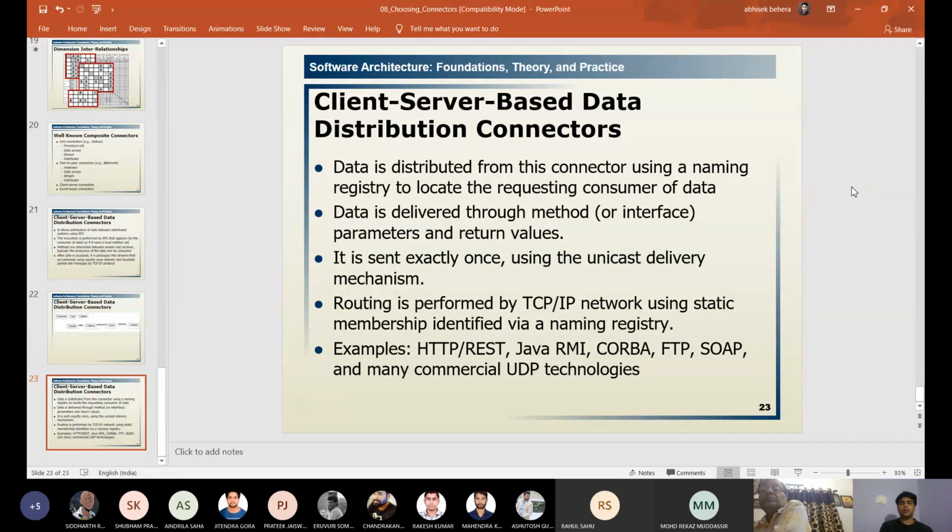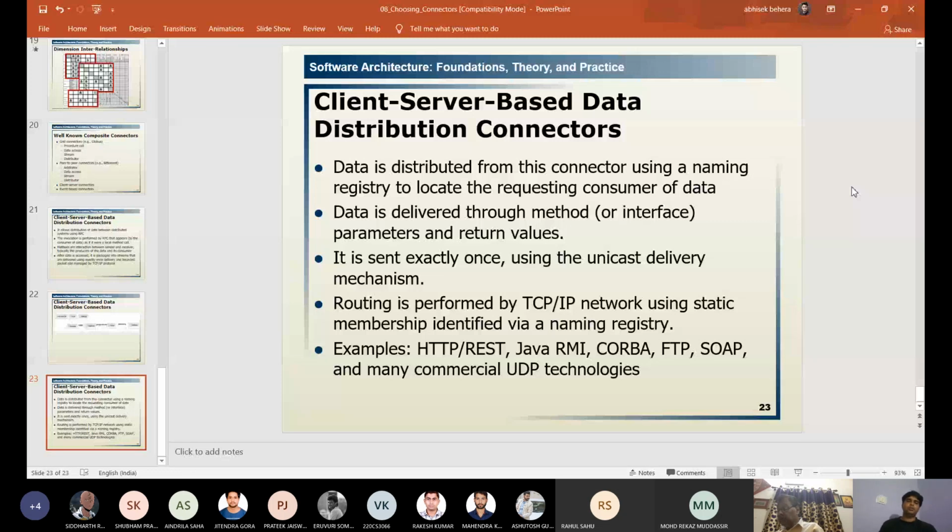It is sent exactly once, at least once, at most once. Already I told these things. The routing is performed by TCP/IP network, using some static membership identified in the naming registry.